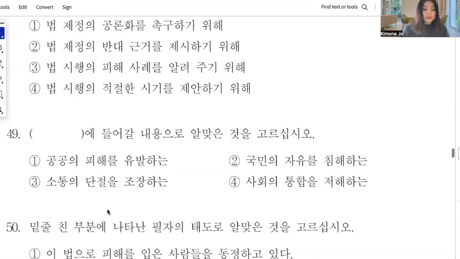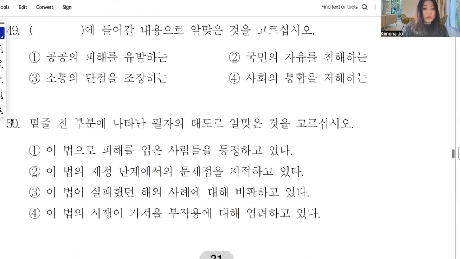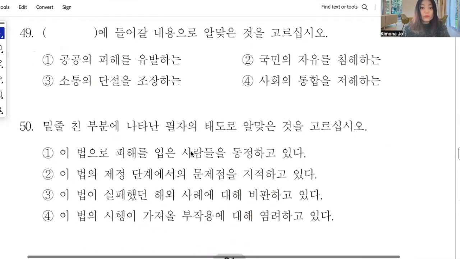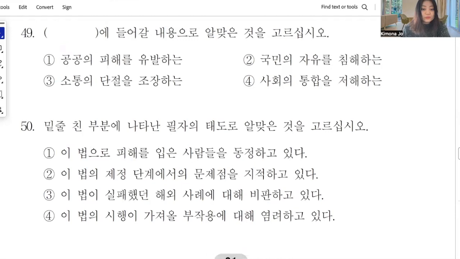So let's get back to 50. 자, we are looking for 태도, the attitude. Every option ends with 고 있다, present continuous.